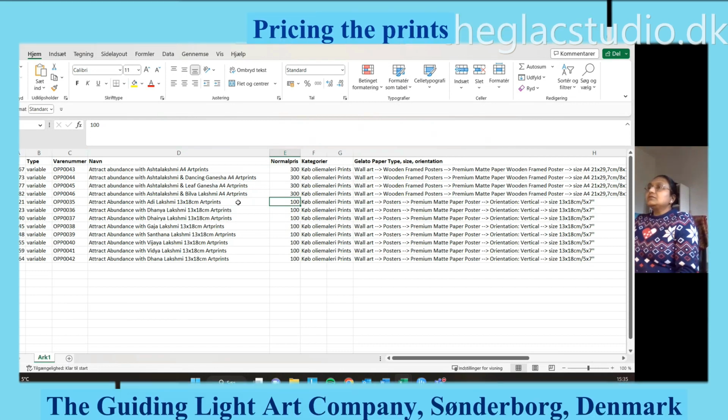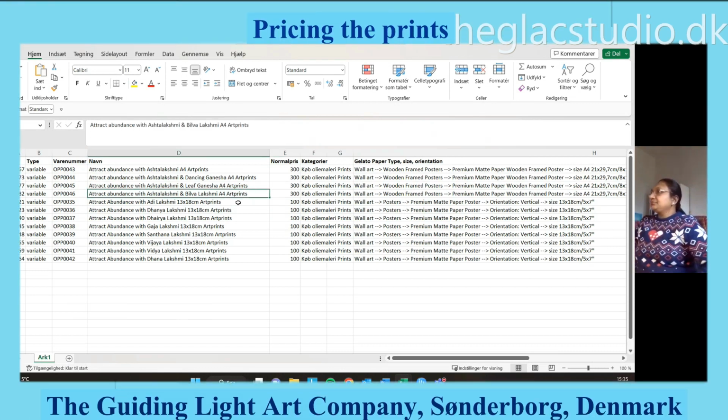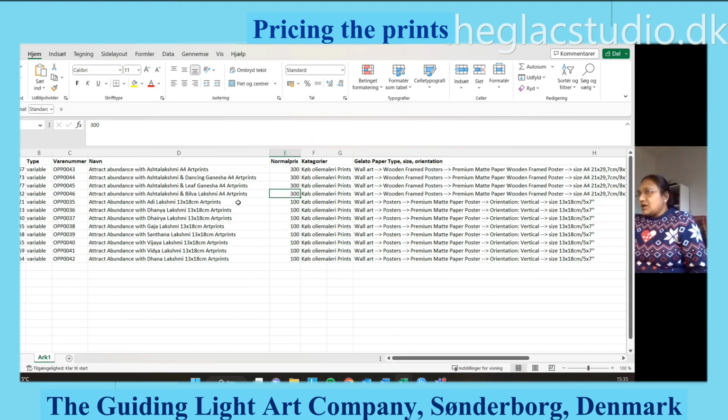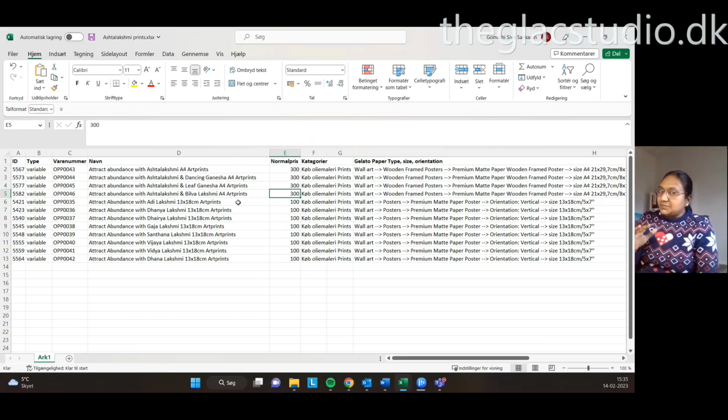So let's start with the prints. For the prints, I have test printed myself, but to be honest, I will not be able to practically print everything myself, and it is not a profitable idea both for you as a customer and for me. If we are in different countries and I have to print it, package it, and do the export into your country, and then you have to pay the import duty as well.